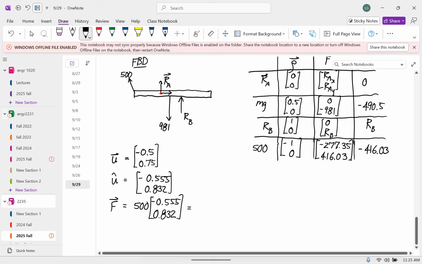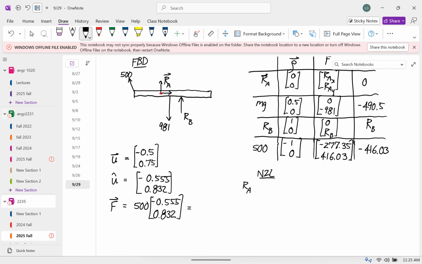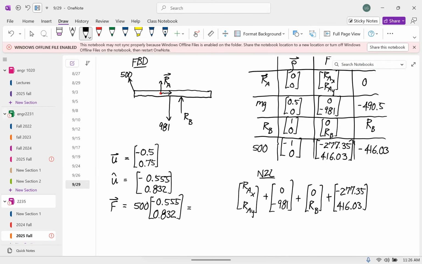And now we'll go to Newton's second law. So it says RAX, RAY plus 0, negative 981 plus 0, RB plus negative 277.35, 416.03 is equal to zeros.